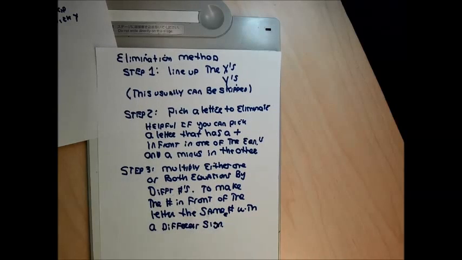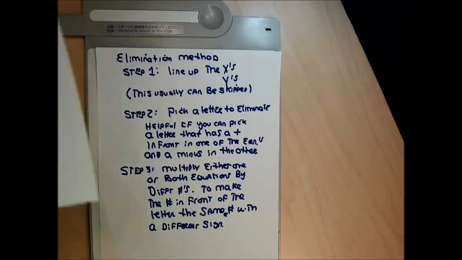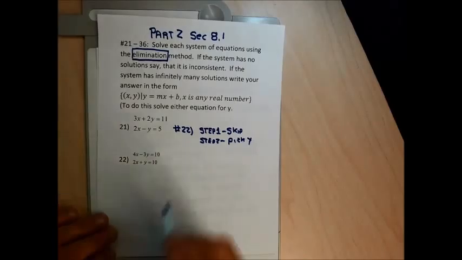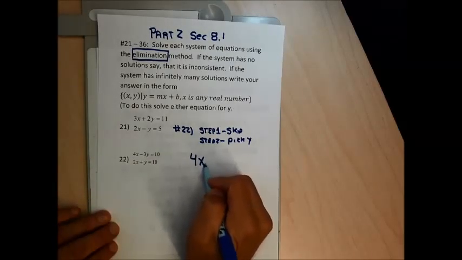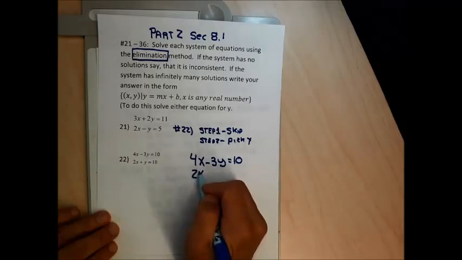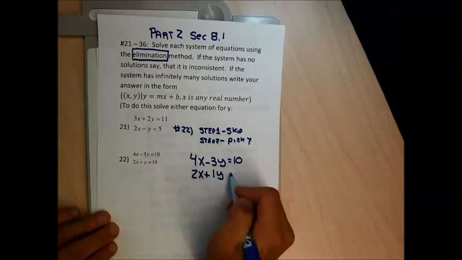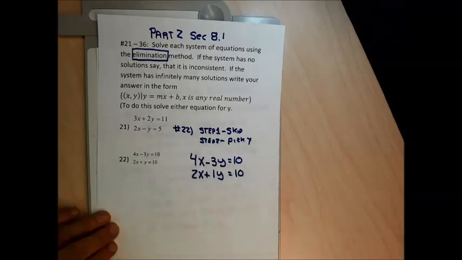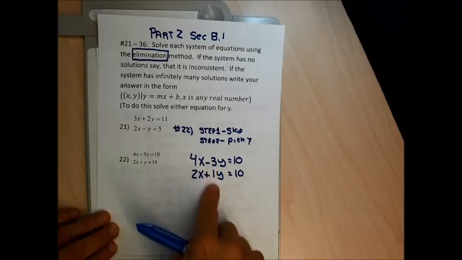So I've decided for my 21, my 22, and your 21 that I want to get rid of the y. I need to multiply either just one of the equations or both of the equations by different numbers to get the same number with different signs in front of the y. When I look at my top equation, 4x minus 3y equal to 10, and I compare it to my bottom equation, 2x plus, which really is 1y equals 10, I want the y's to have the same number in front of each y, but with different signs.